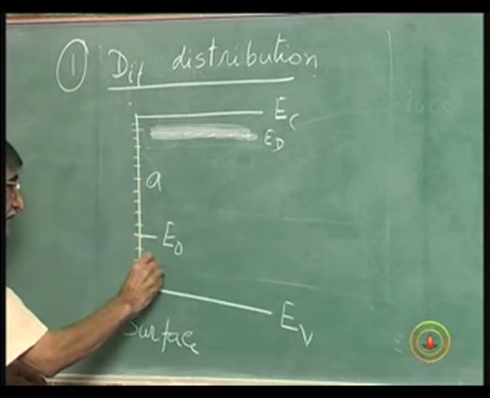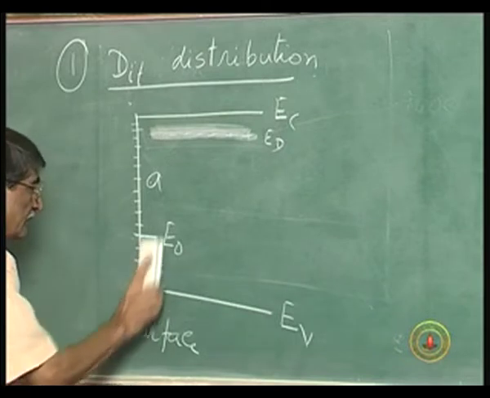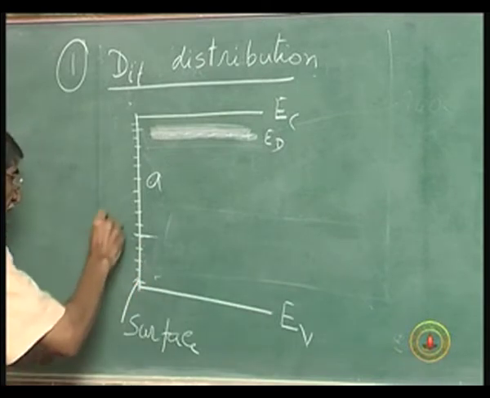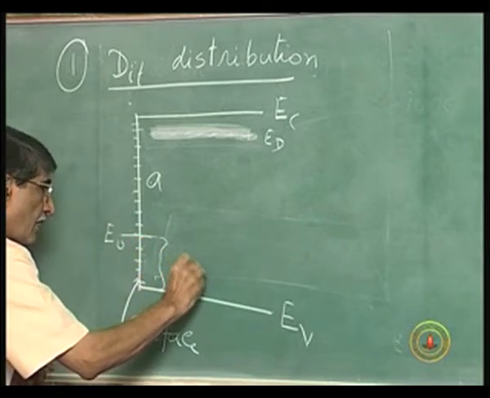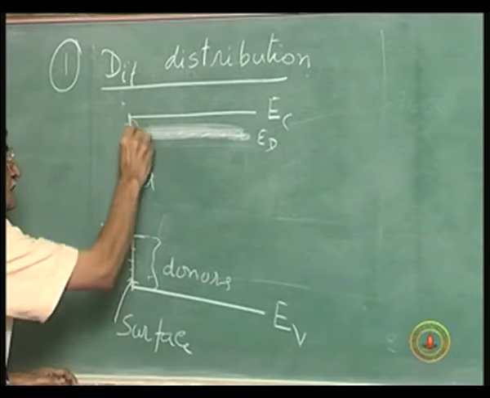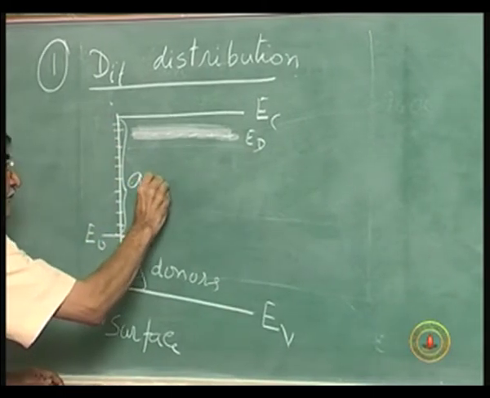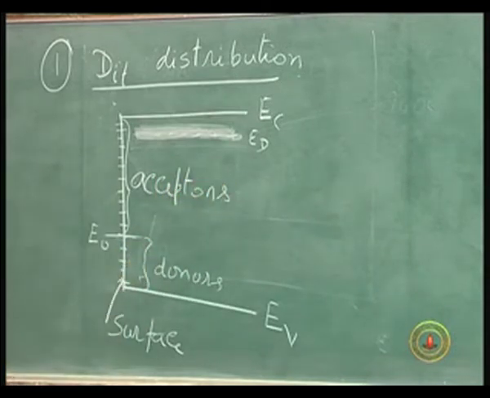This we said is an acceptor, this is a donor. Okay. Let us put it here, E naught is that level, all these are donors and all these are acceptors. How do we say that?